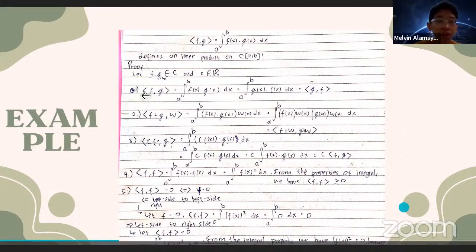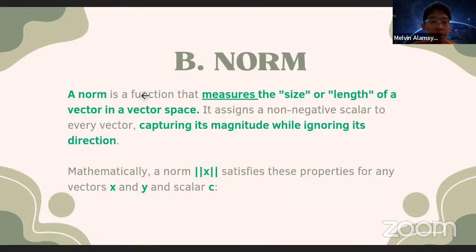Okay, here I will explain about the norm. Here I put the definition from the materials. The norm is a function that measures the size or length of a vector in a vector space, and it assigns a non-negative scalar to every vector, capturing its magnitude while ignoring its direction.